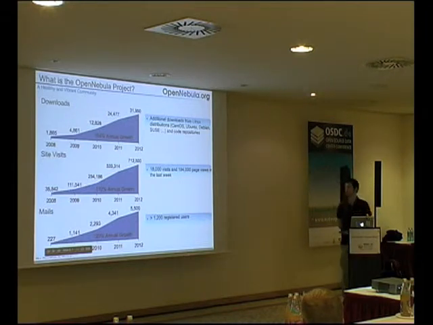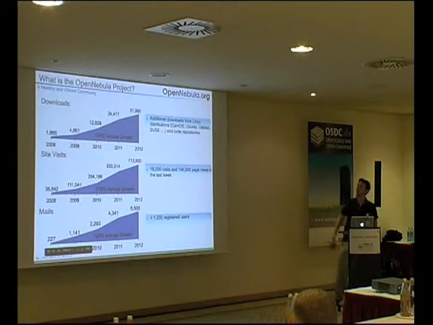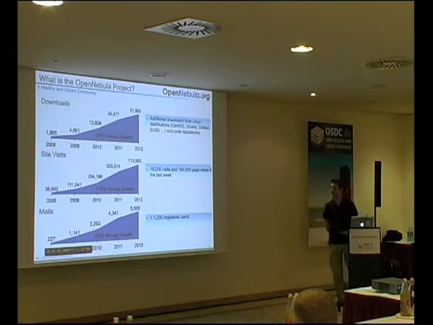There's a great deal of visits to the web page, and also a lot of downloads. And we just count the downloads from our web page, and we don't count, because we cannot, the downloads from the Linux distributions that have OpenNebula packages like CentOS, Ubuntu, Debian, and SUSE.